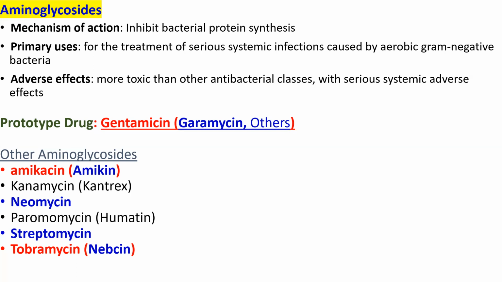Gentamicin is the prototype drug for this class. Other similar drugs within the aminoglycoside class are amikacin, neomycin, streptomycin, and tobramycin.